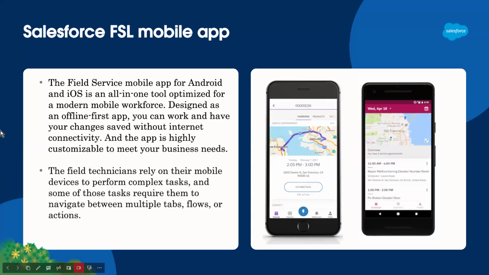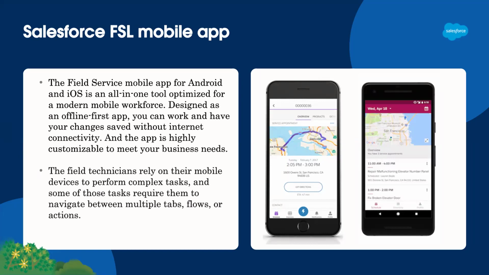Now, coming on to the final slide of this entire presentation, I will just tell you what exactly the mobile app is. This is a mobile app that is available on both iOS and Android. It is very easy to use and offers easy connectivity. You can customize anything within this mobile app, from its layouts to everything.